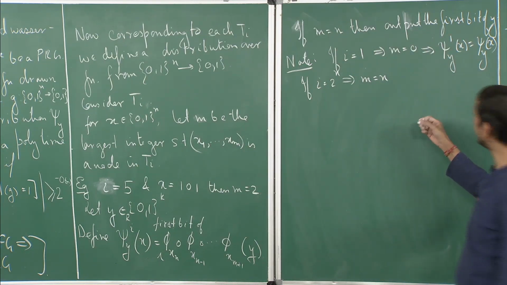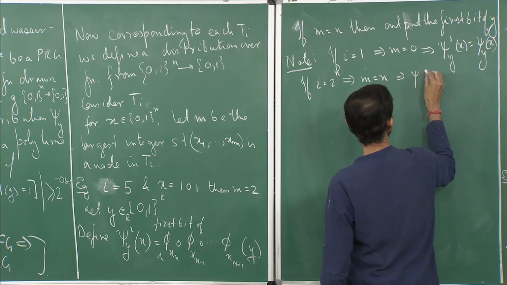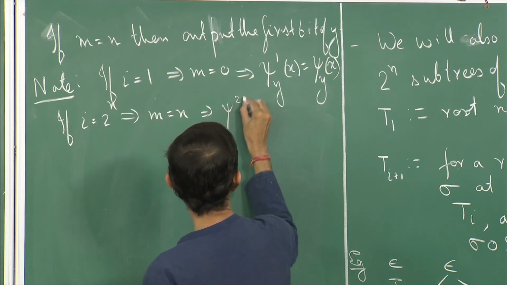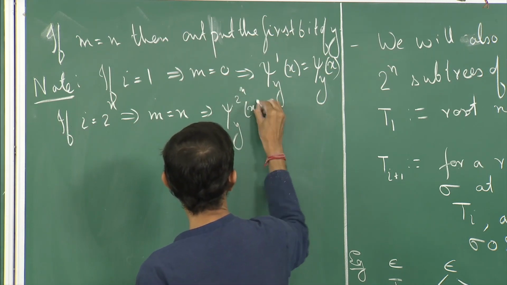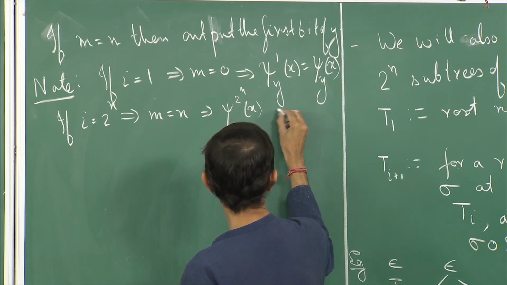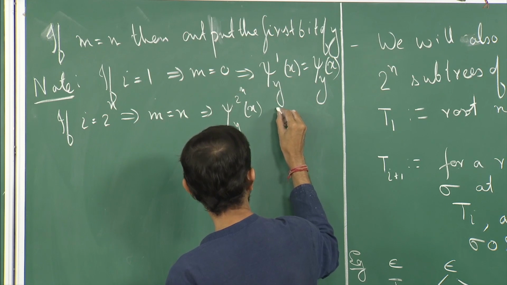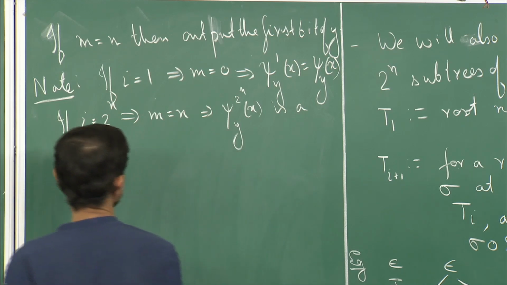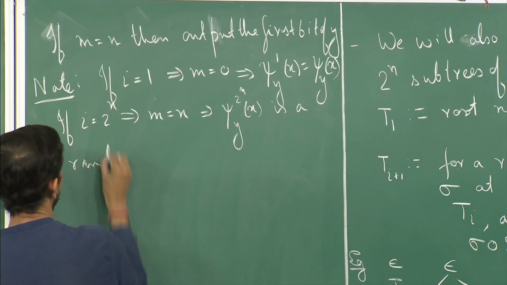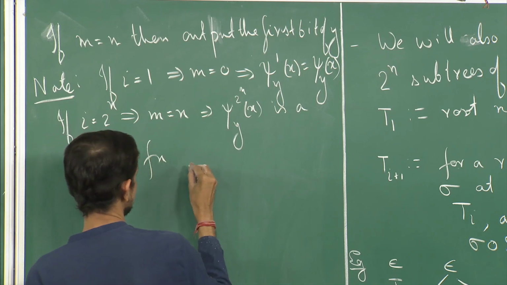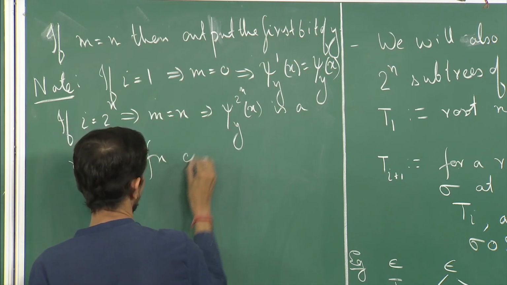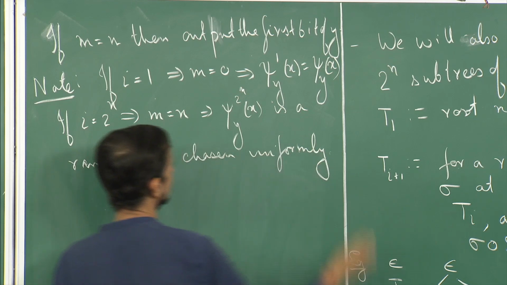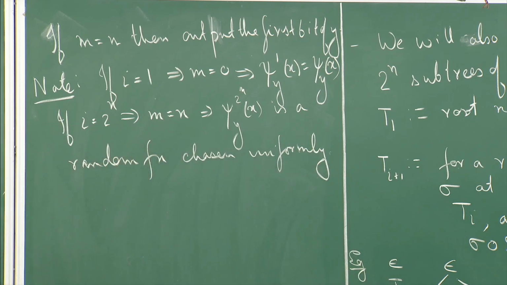So the function that we are defining, psi_(2 to the power n) of y, where y is a random string, is a random function chosen uniformly.